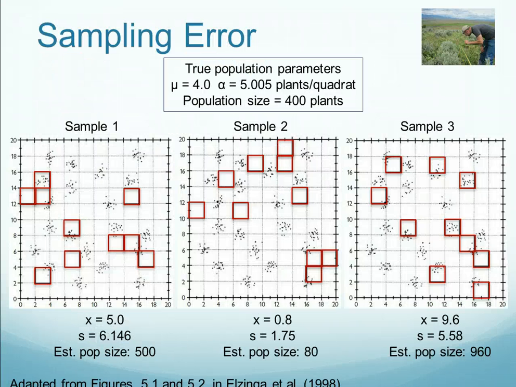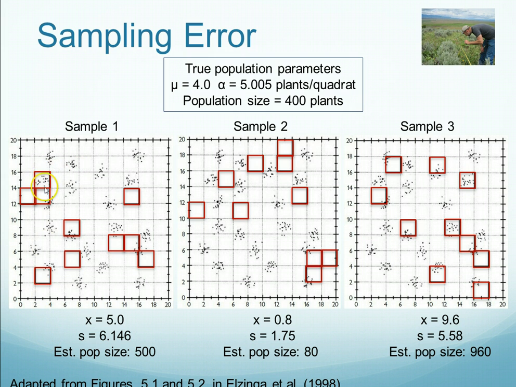So let's look a little closer at examples of sampling error. In this case, we're looking at 3 schematic diagrams of the same population. The true population size is 400 plants, and they are organized in terms of density, with a true mean density of 4 plants per quadrat. In this case, we're using 10 quadrats to estimate the density.